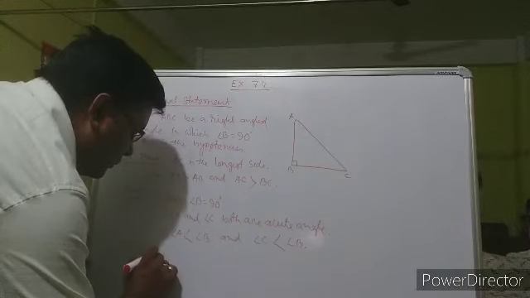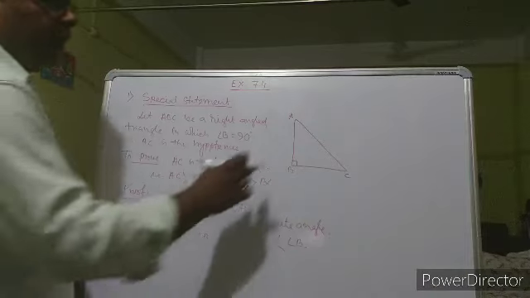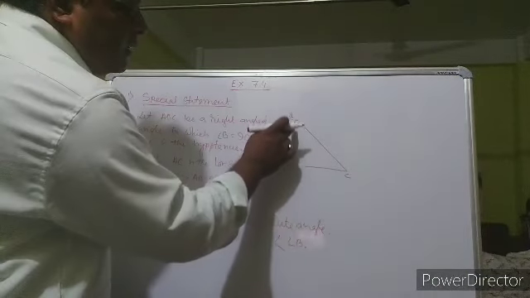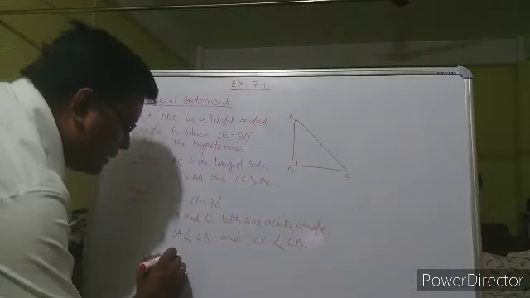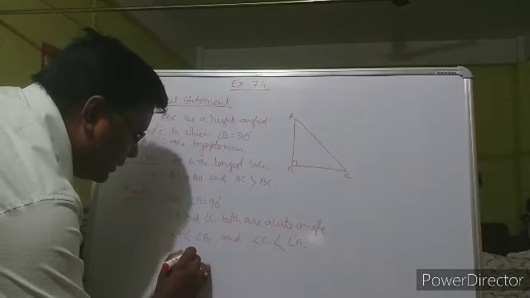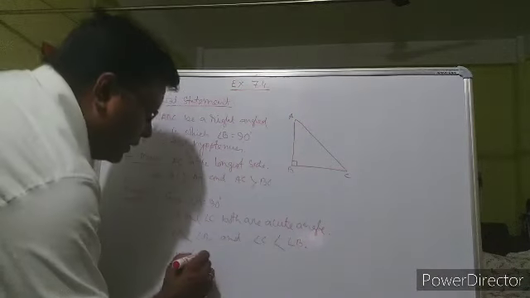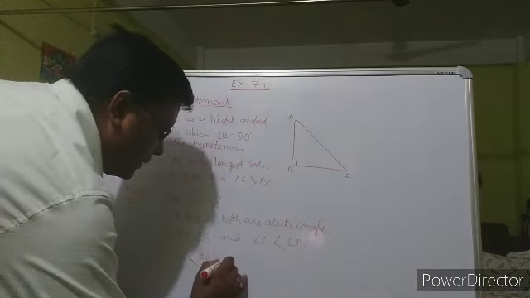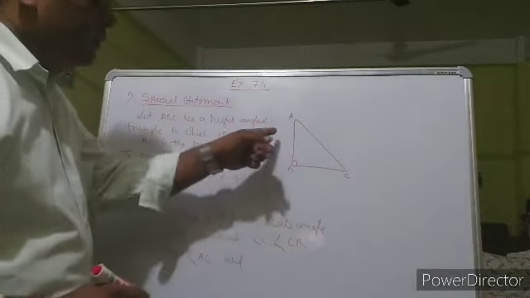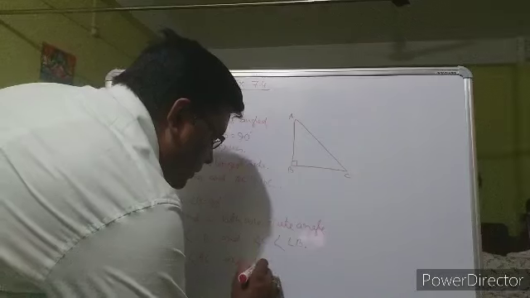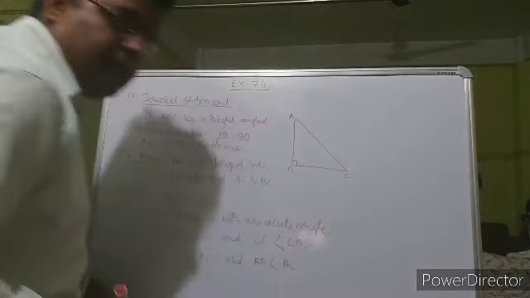Therefore, since angle A is less than angle B, the side opposite to angle A, that is BC, is less than the side opposite to angle B, which is AC, and the side opposite to angle C, which is AB, is less than AC.